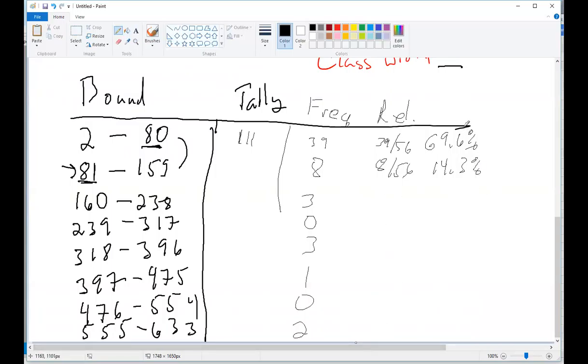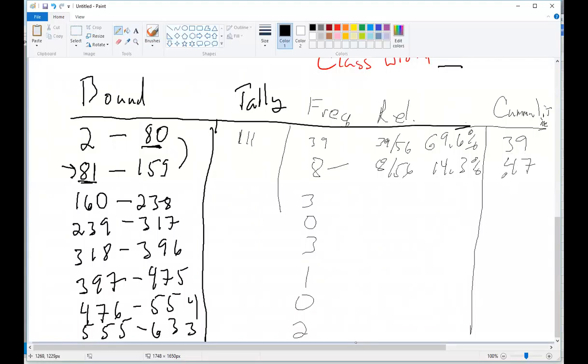Now, what if I wanted to come up with a cumulative frequency distribution? You can also do cumulative relative frequency. So there's 39 in this first bin. And then I'm going to add 8, so that makes it 47.